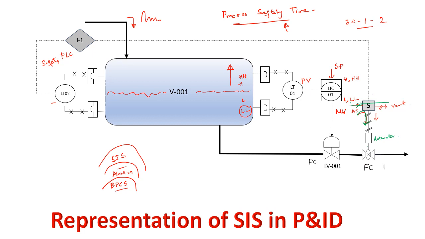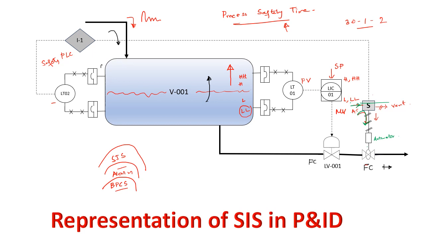Now when the valve gets closed, there is no drainage of further liquid, right? So obviously, if the inlet flows in the same fashion, the level will continue to rise. So the situation of low level is mitigated, and this is done by this safety instrumented system.